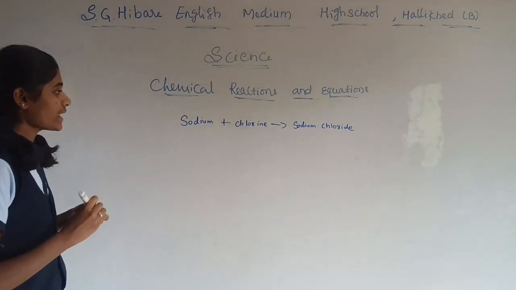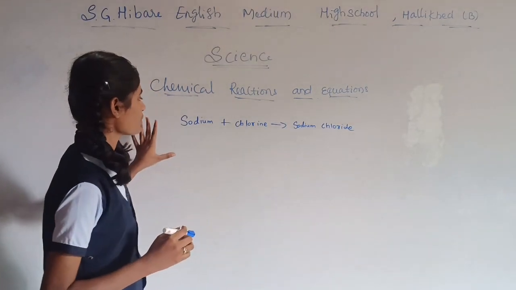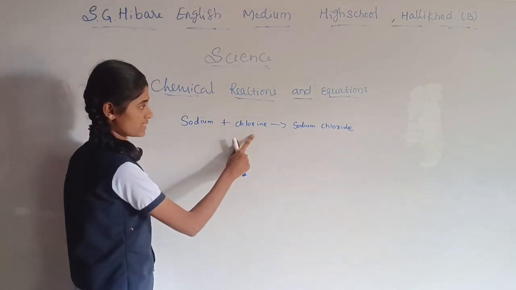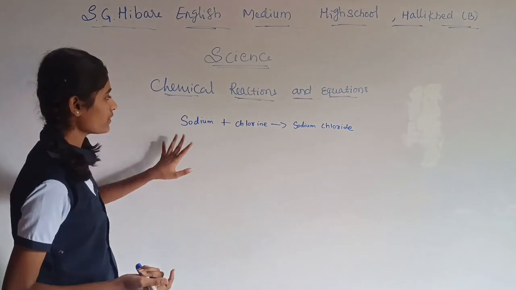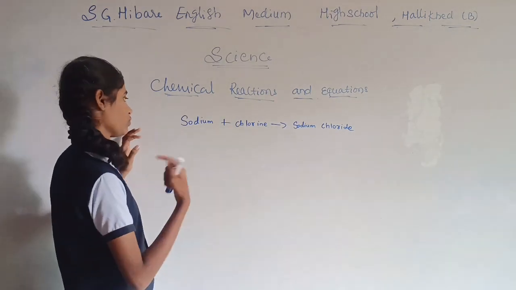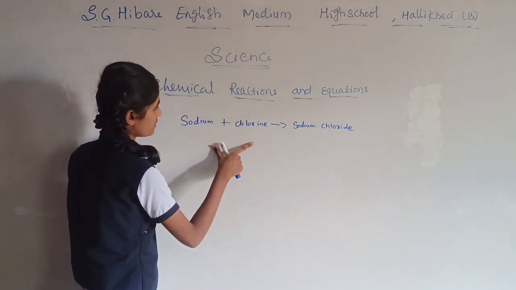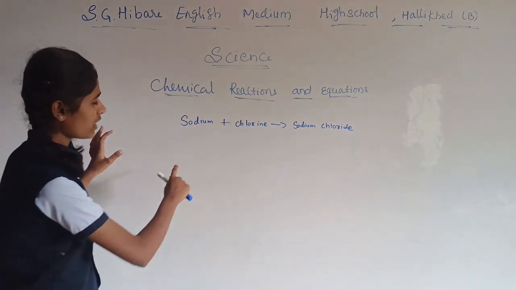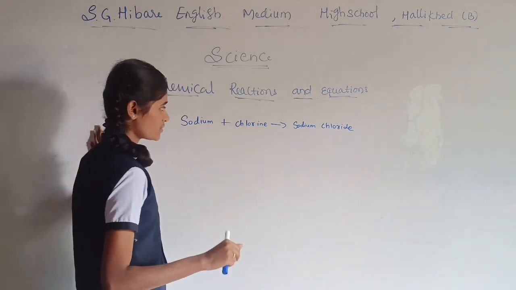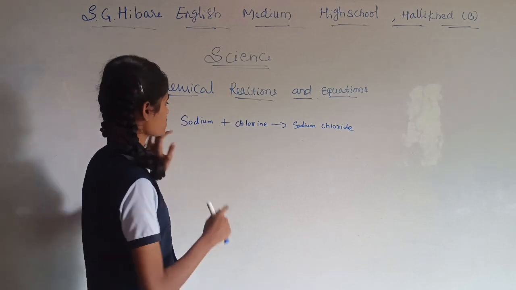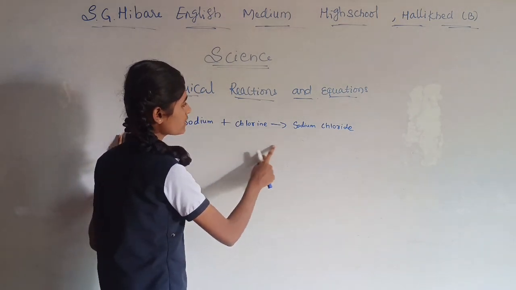So here, as I said, a chemical reaction is a process in which two or more substances are converted to form one or more different substances. Here I took two, but you can take two or more substances also. Two substances, sodium and chlorine, are forming sodium chloride.